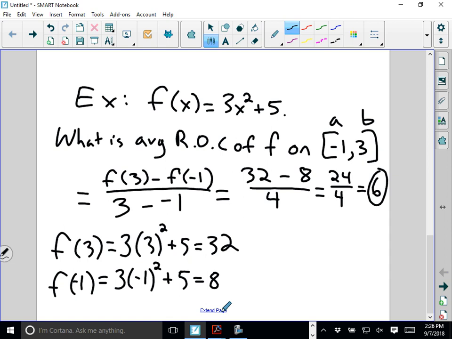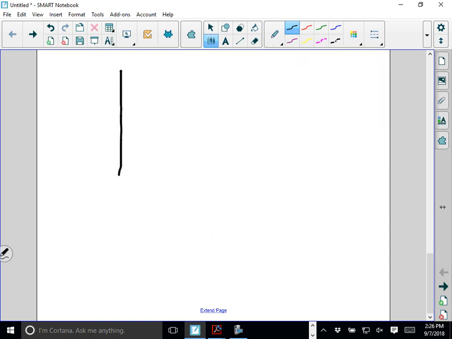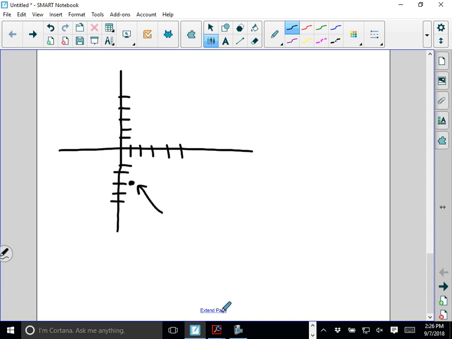Let's take a look at a quick graph problem. So let's say we have a function graphed here. This is x, this is f of x.